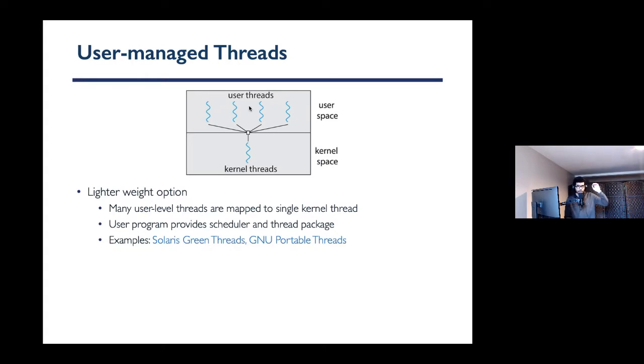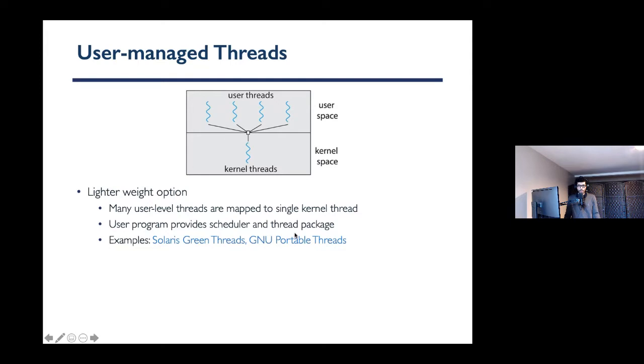Inside this thread, the user level library can create as many threads as it wants and can switch between them. This is very much similar to, if any of you have heard of, green threads or portable threads.